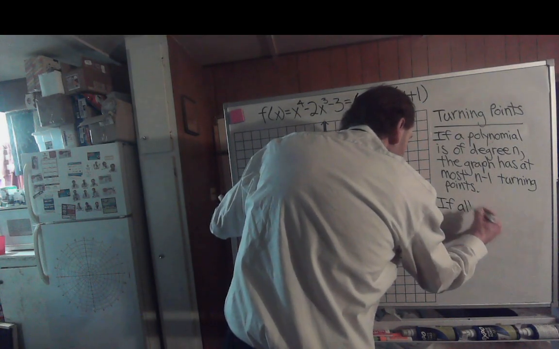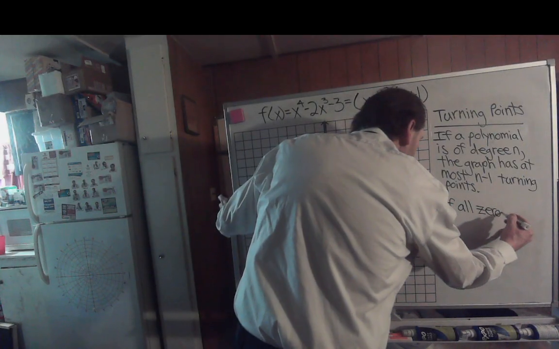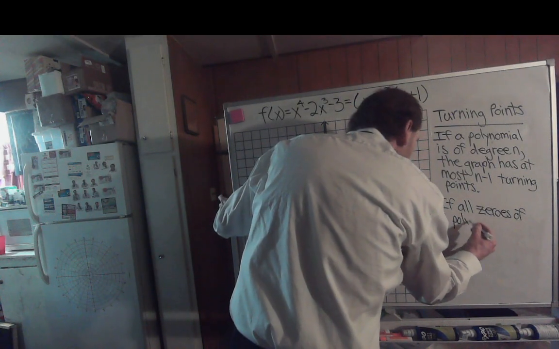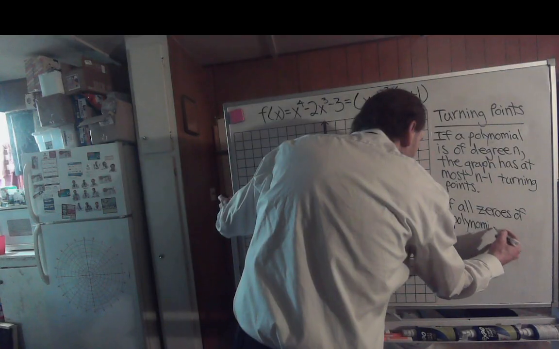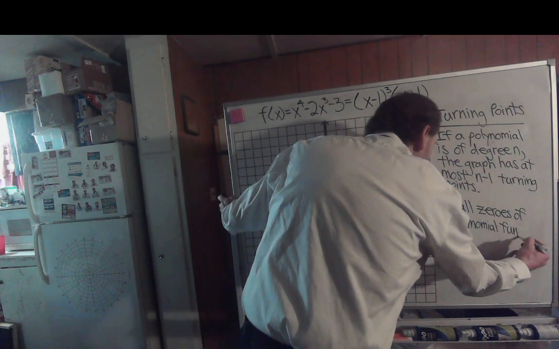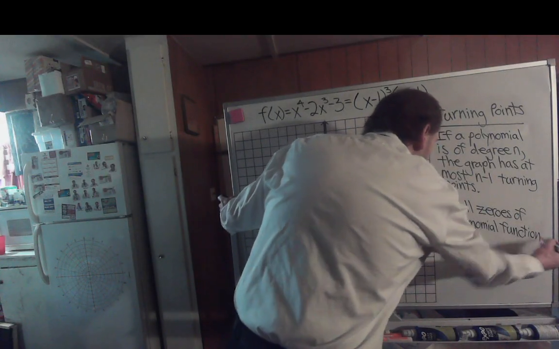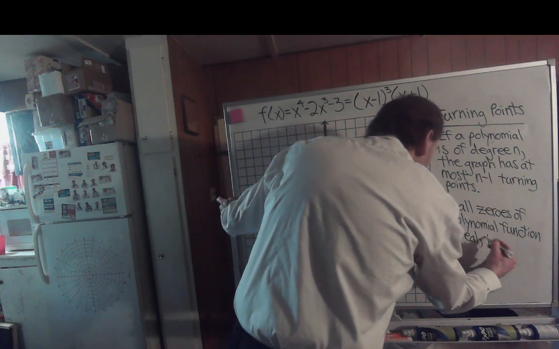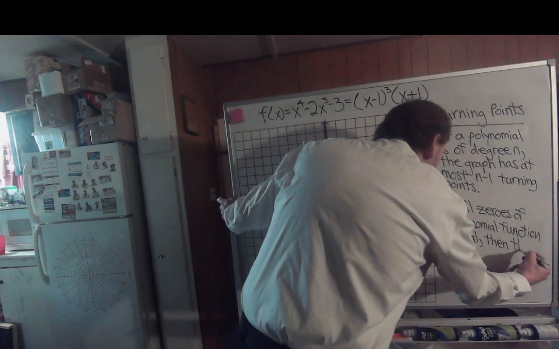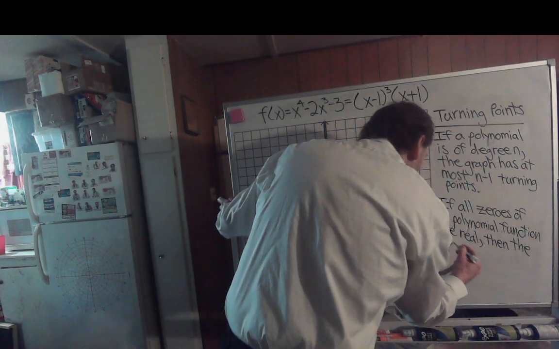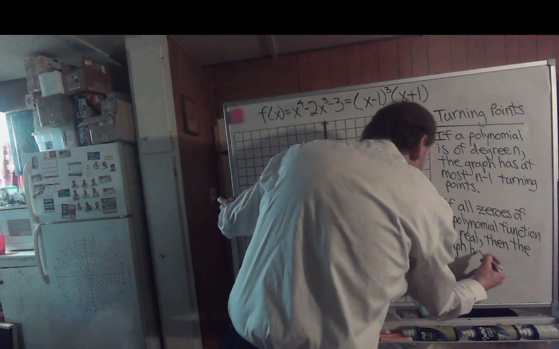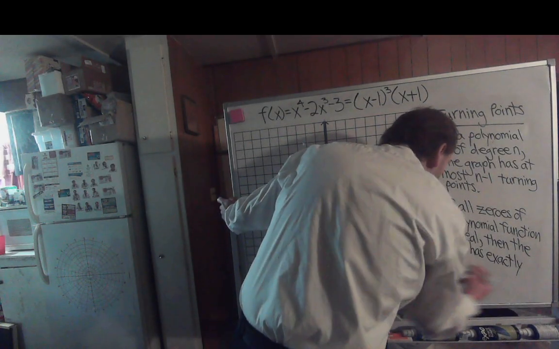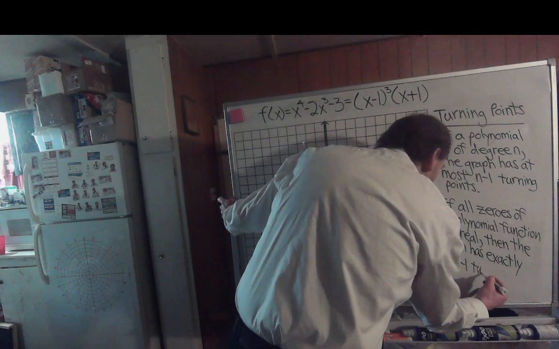Part 2 of this states that if all zeros of a polynomial function are real, then the graph has exactly n minus 1 turning points.